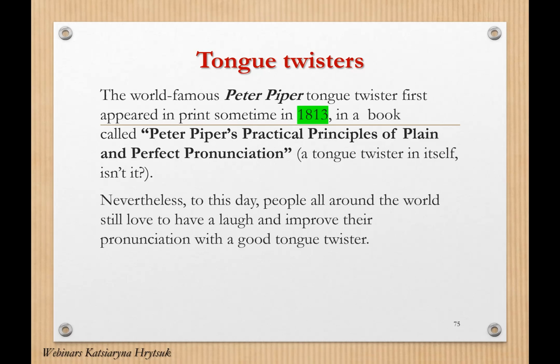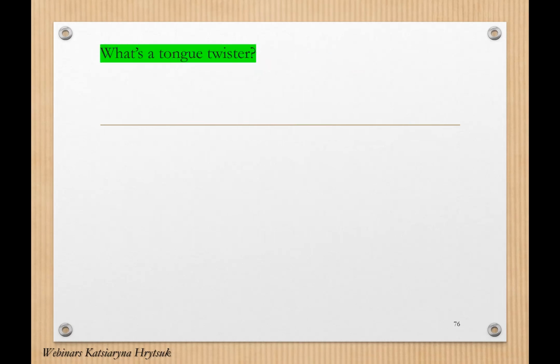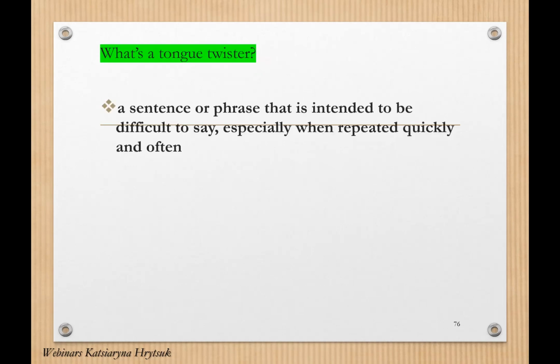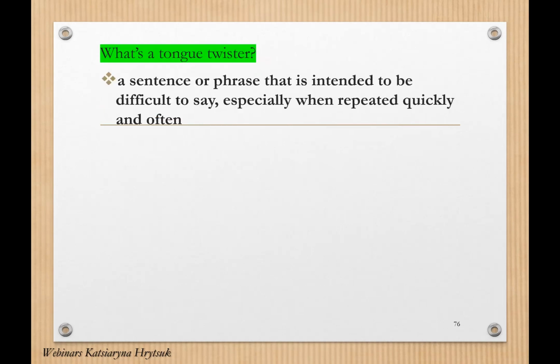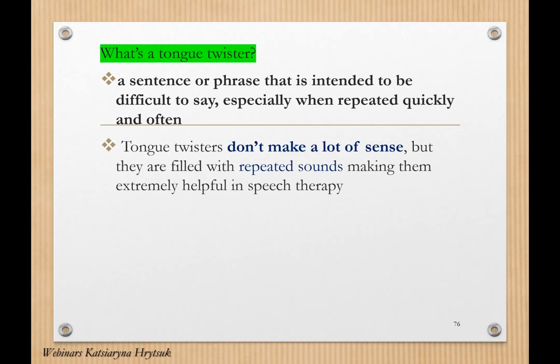To this day, people all around the world, in any language, improve their pronunciation with a good tongue twister. So what is a tongue twister? It's a sentence or a phrase that is very difficult to say, and when we repeat it quickly and often, you cannot master tongue twisters if you don't practice often.